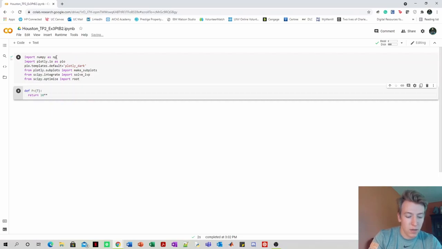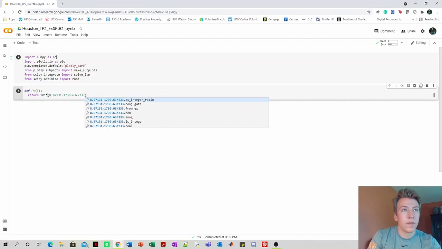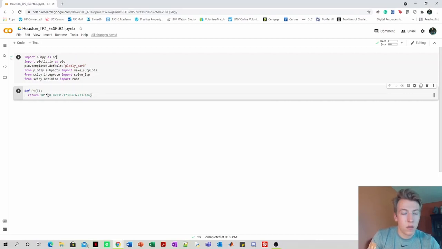So it's going to be 10 to the power of 8.07131 minus 1730.63 divided by 233.426 plus T minus 273 to convert from Kelvin to Celsius.